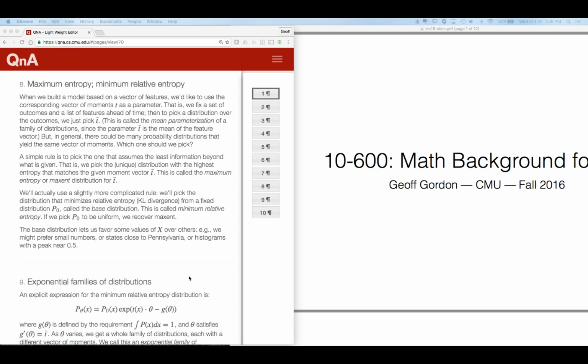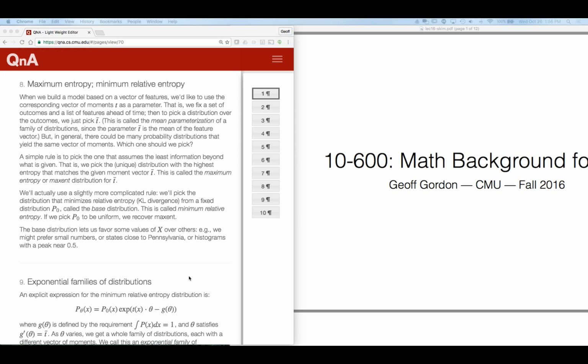And we can parameterize it using our vector of moments. Now what we're actually going to do is slightly more complicated, not much. Instead of maximizing entropy, we're going to minimize the relative entropy. If you remember, the relative entropy is: suppose that somebody knows a distribution P0, how much more information do you have to tell them to describe a sample from our distribution than if they knew the true distribution P?